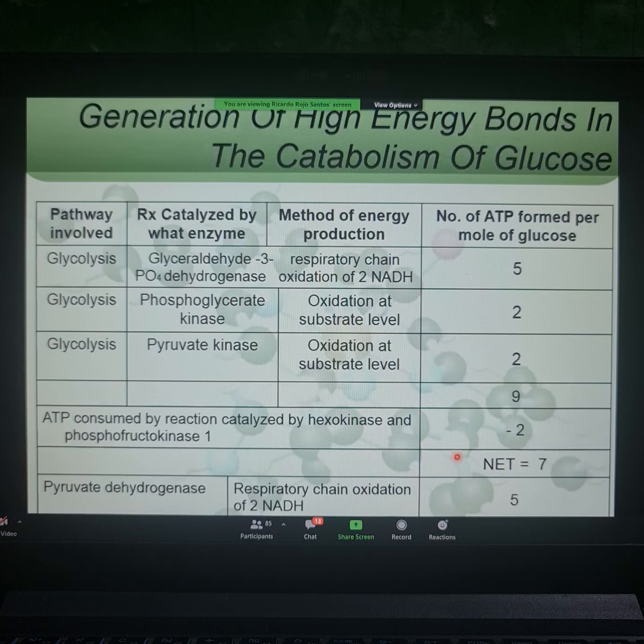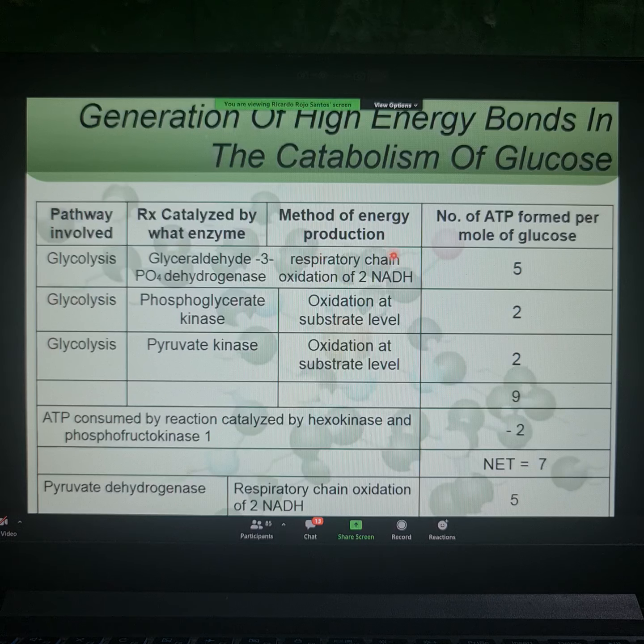1.5. Okay? So this is the bioenergetics of glycolysis only. Pathway involved, glycolysis. Reaction catalyzed by glyceraldehyde 3-phosphate dehydrogenase.